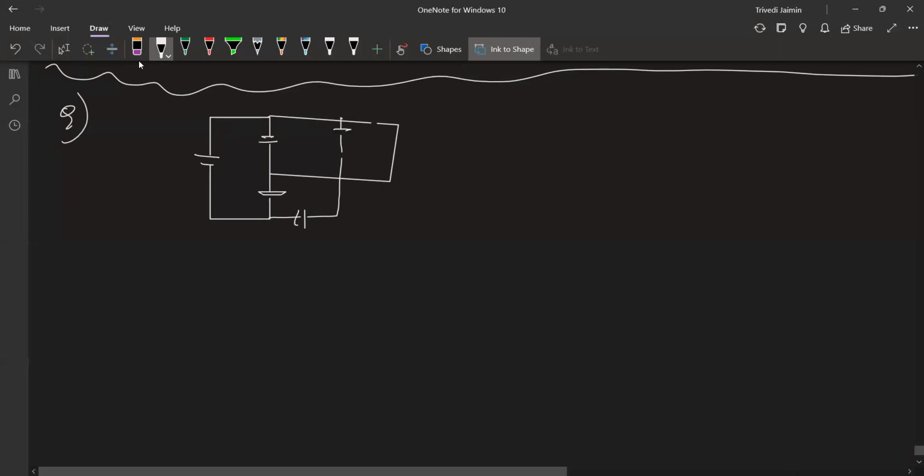These all are capacitors. 20 voltage. 2 microfarad, 4 microfarad. This was a 4 microfarad. Sorry. 2 microfarad, 3/2 microfarad, and 3/2 microfarad.